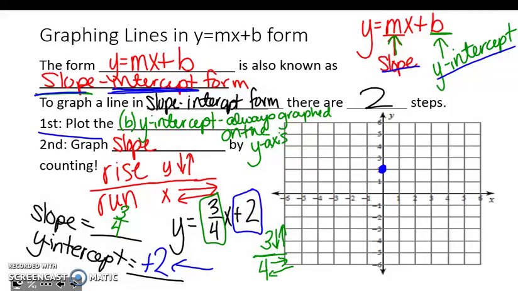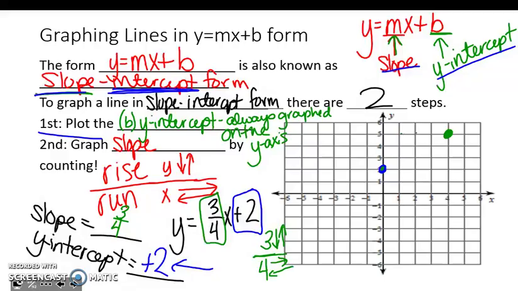Now it's positive, so we have to create a positive line. So from your y-intercept, you need to count up 3. 1, 2, 3. And then I also need the 4 to be positive, so I need to go 4 to the right. 1, 2, 3, 4, and plot my next dot.